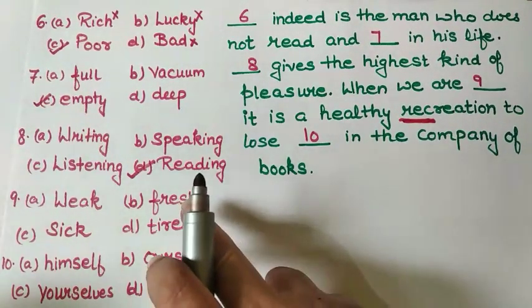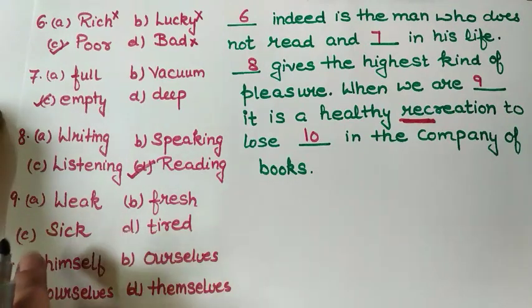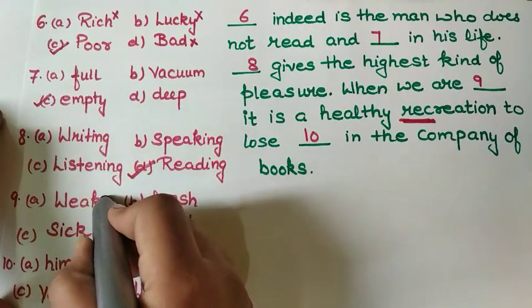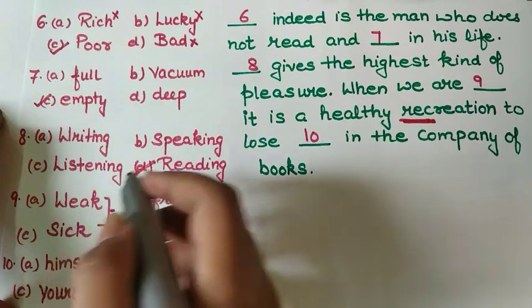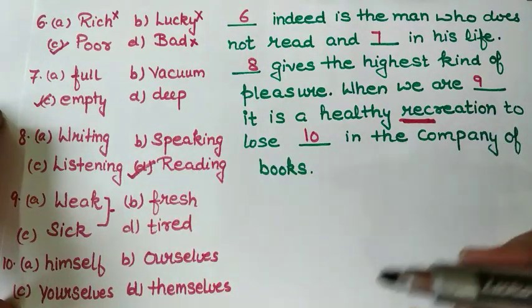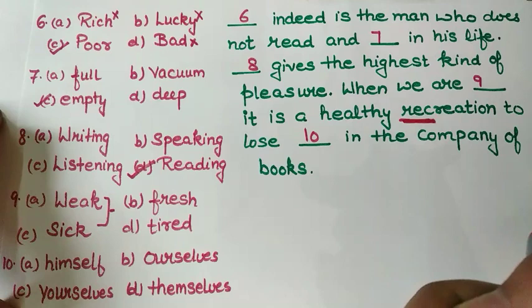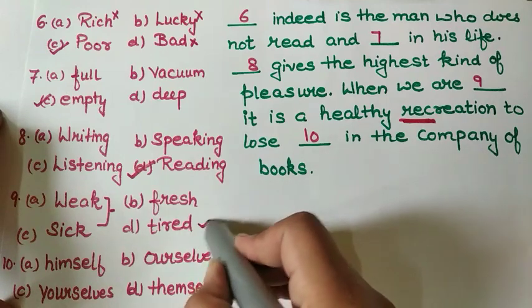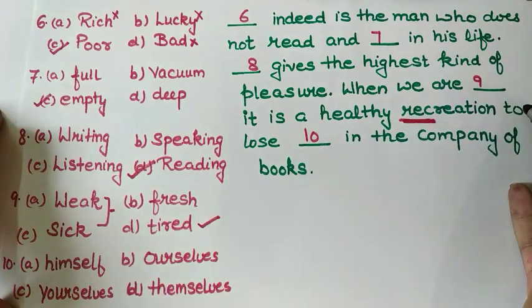So fresh cannot be the right answer. Weak and sick: if we are weak and sick, we are not able to do anything to recreate. It is a health condition, right? So I will tick tired. When we are tired, it is a healthy recreation to get energy back.